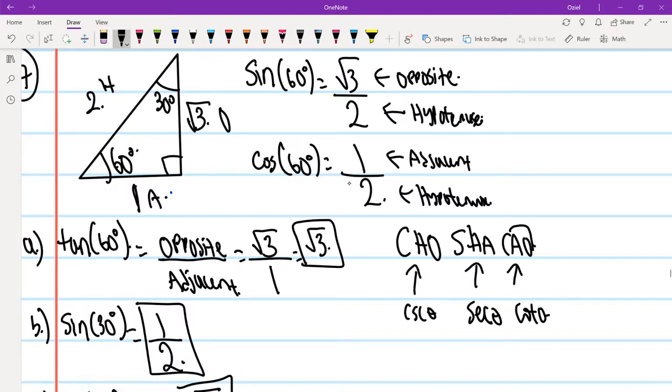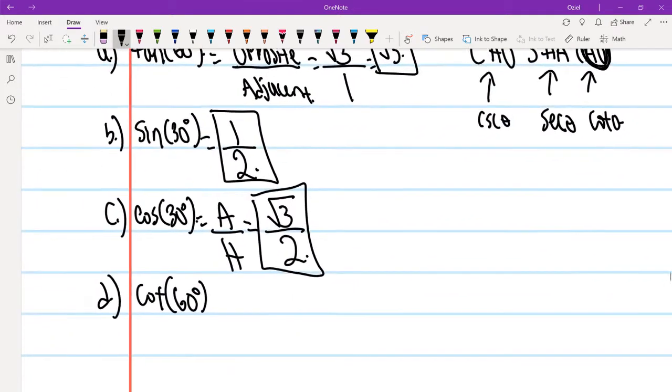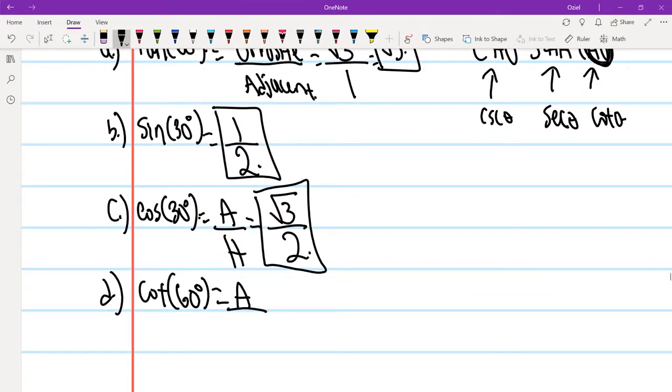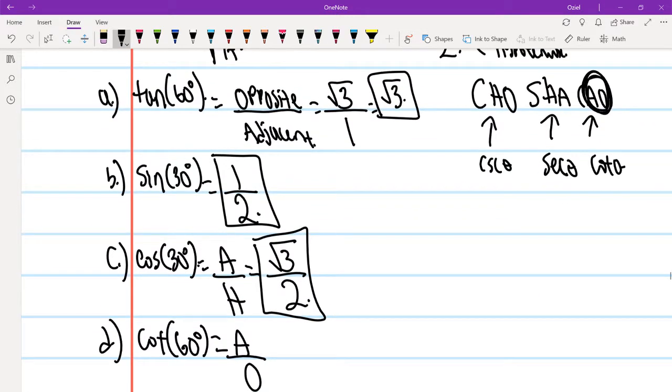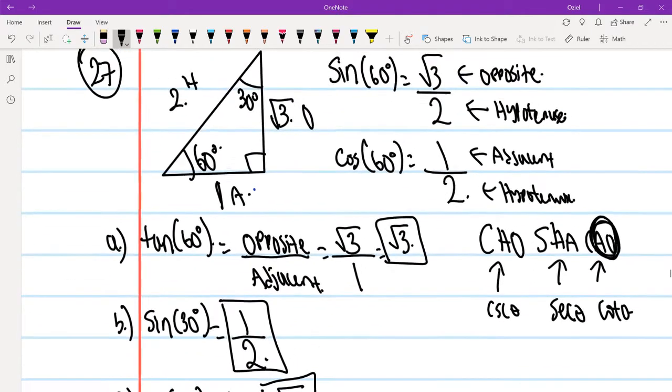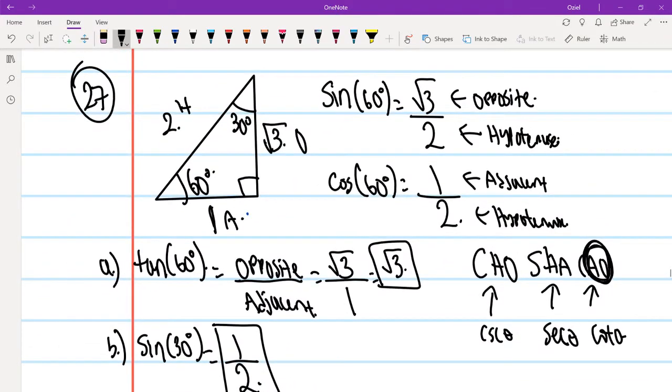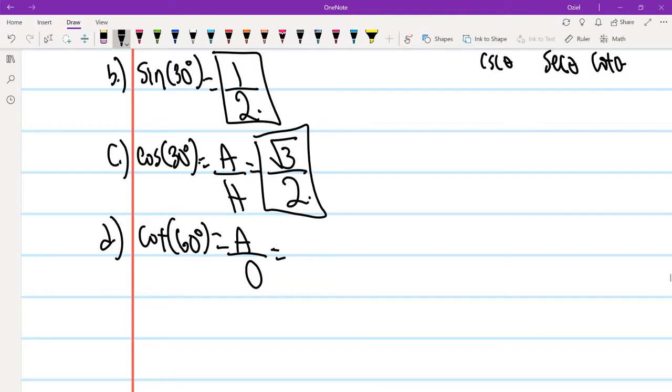So just knowing what this part is, you would say adjacent over opposite. Or if you want to just think of this as the reciprocal of tangent, you can say adjacent over opposite, just switch them up. And so you would say 1 over the square root of 3.